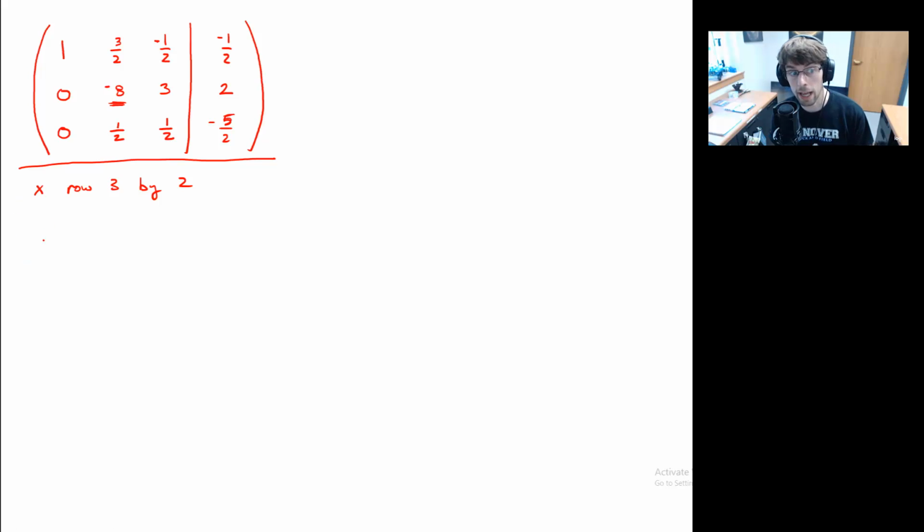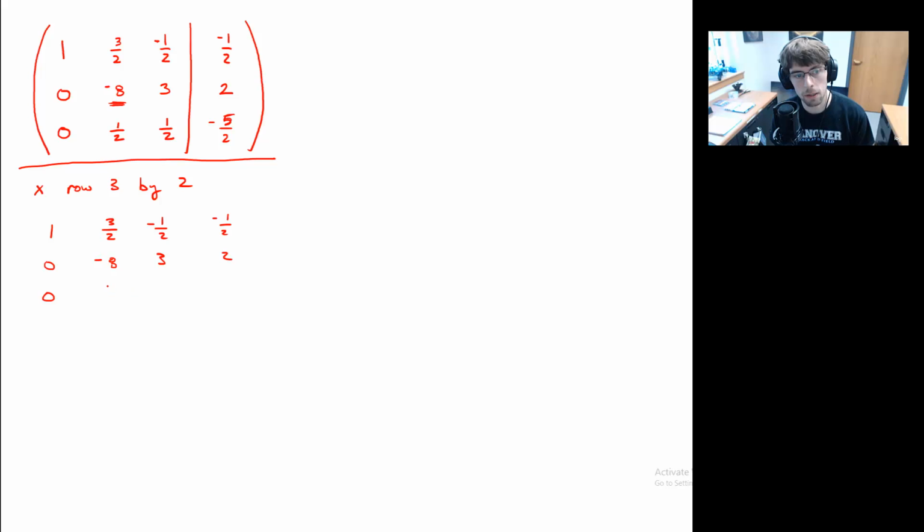So let's go ahead and rewrite the matrix now, having multiplied row 3 by 2. We don't have to touch the first row. We don't have to touch the second row. So I'll just rewrite those. And the third row, there's where the magic happens.